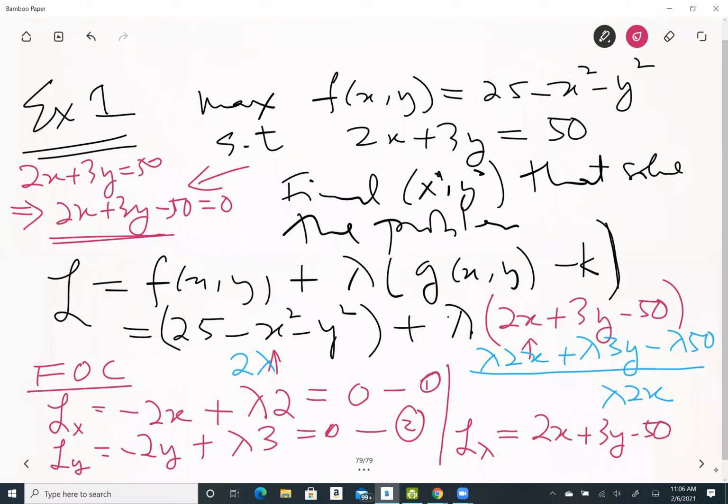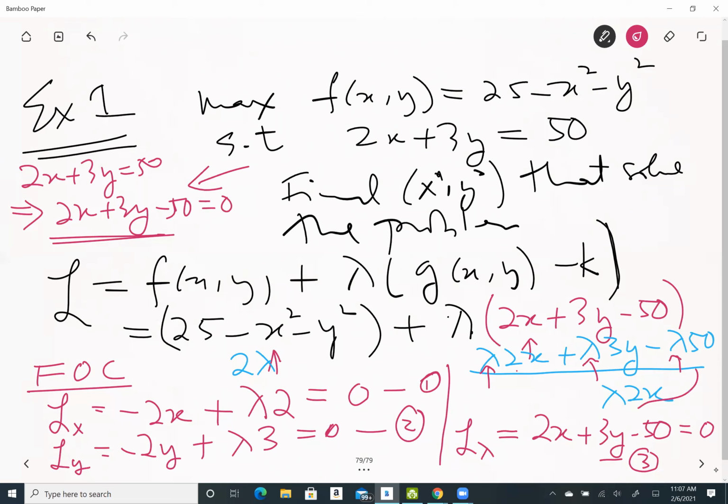Or if you go back to the formula, it's just g of x, y minus k equals 0. And that is our number 3. Now, one way to look at it, just to avoid making mistakes, you do the second part like I did here. First term, differentiate with respect to lambda, I get 2x. Second term, I get 3y. The third term, I get 50.